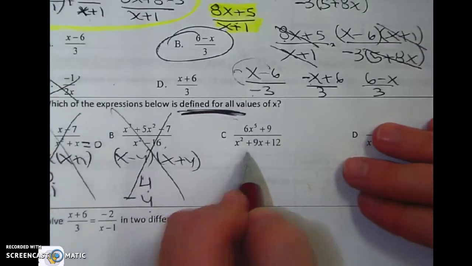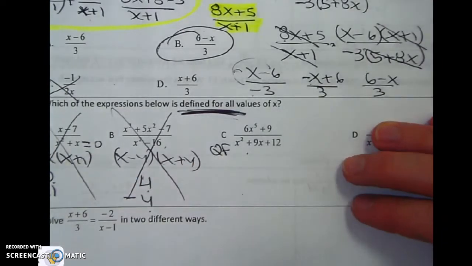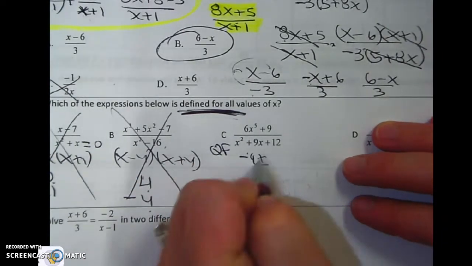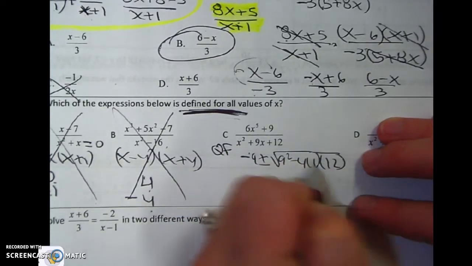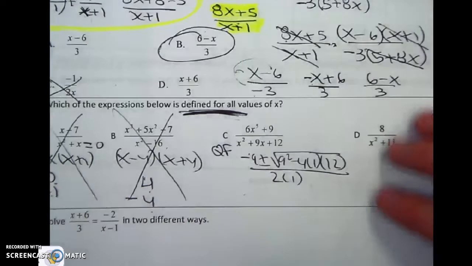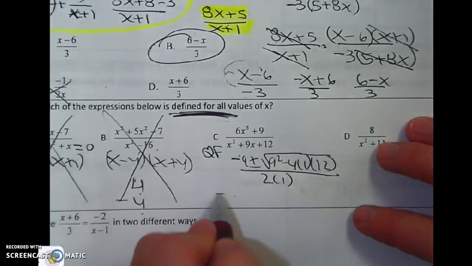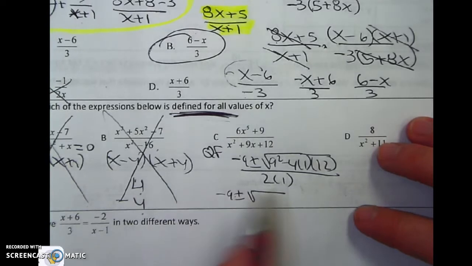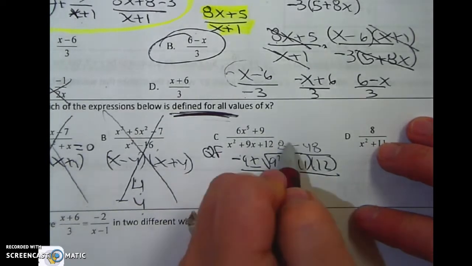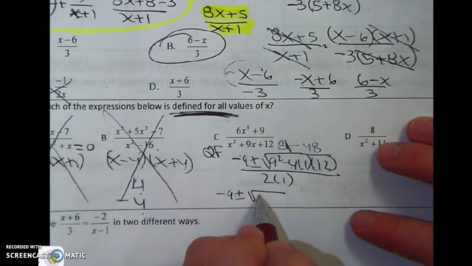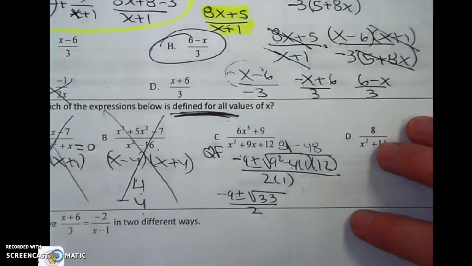I can't factor this one, but I can do the quadratic formula. Negative 9 plus or minus the square root of b squared minus 4 times a times c, all divided by 2 times a. Then I end up with negative 9 plus or minus the square root. 4 times 12 is 48. 9 squared is 81. 81 minus 48 is 33 over 2.